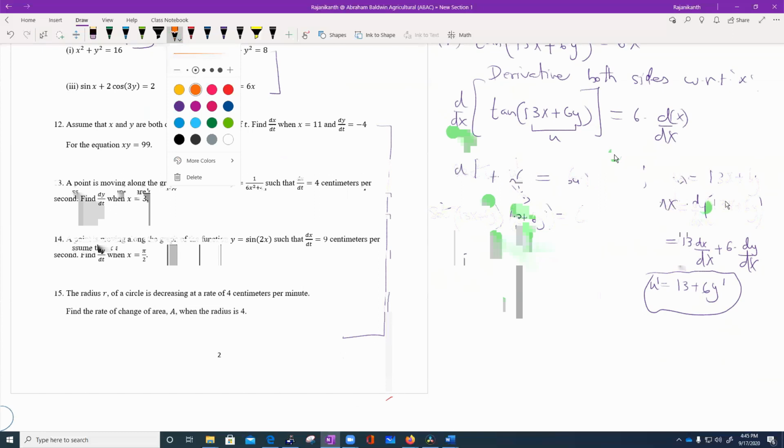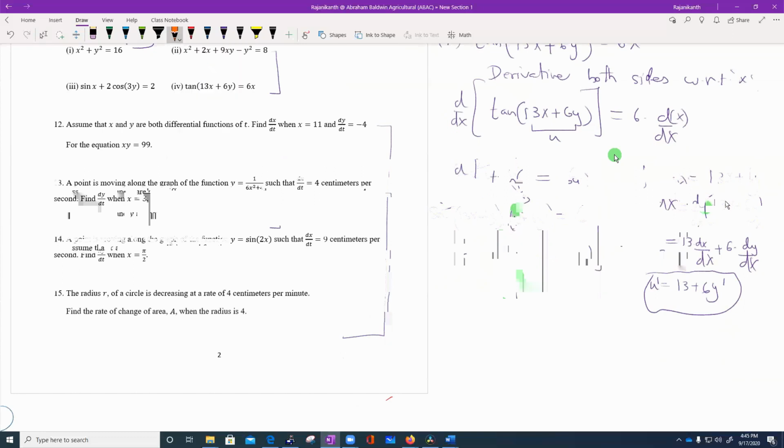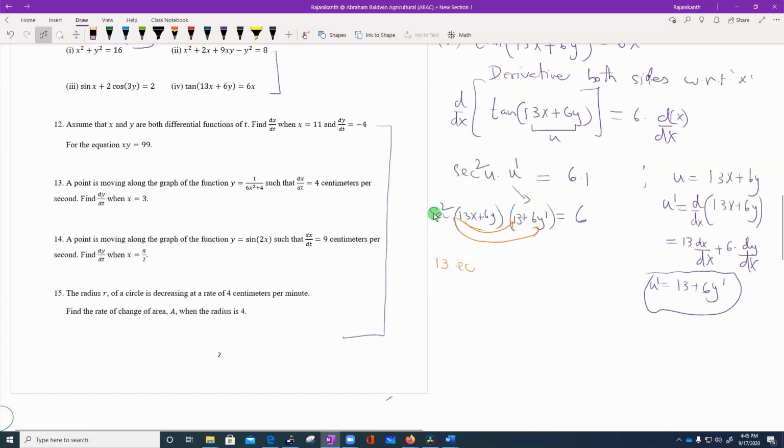So distribute this first term and distribute this. When you multiply 13 times secant squared, you will get 13 secant squared of 13x plus 6y. Then 6y prime times secant squared gives 6y prime times secant squared of 13x plus 6y. That side I have simply 6.